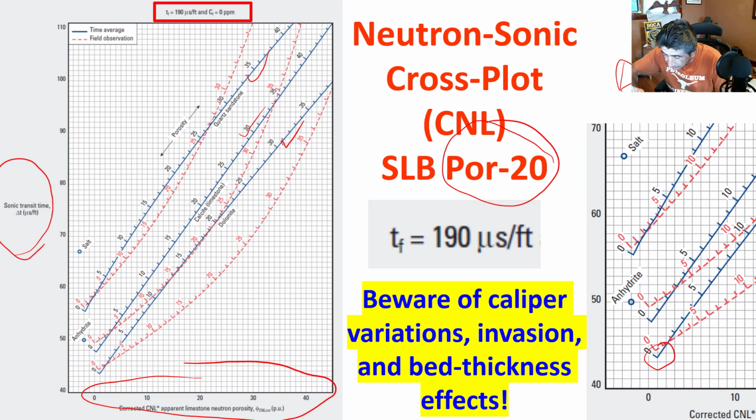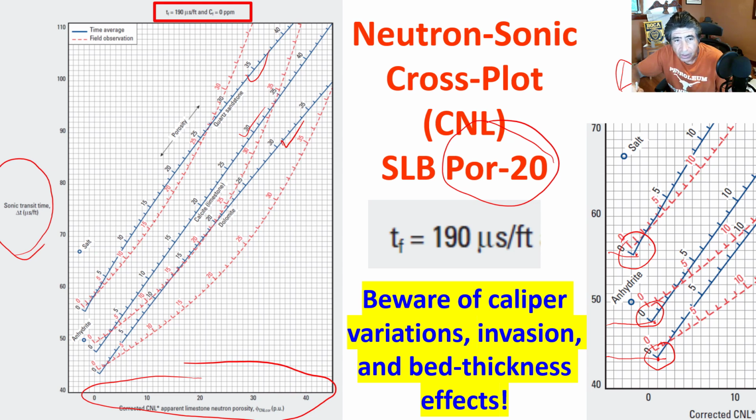This is for dolomite, this is for limestone, and this is for quartz. You can see that the fastest time of flight is for dolomite, that's the most rigid, and then limestone, and then quartz. But if you go to the point 0 of the guide, that means that you have 100% solid. So if you project that point to the left, that is going to give you the corresponding time of flight for either quartz, limestone, or dolomite.